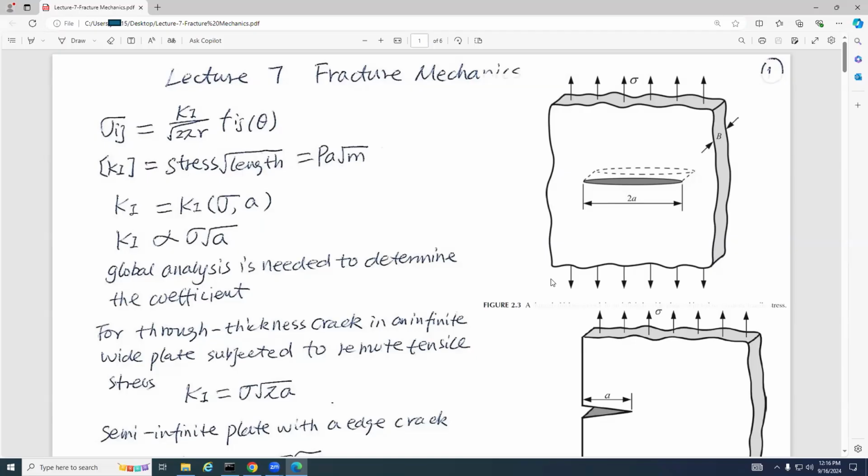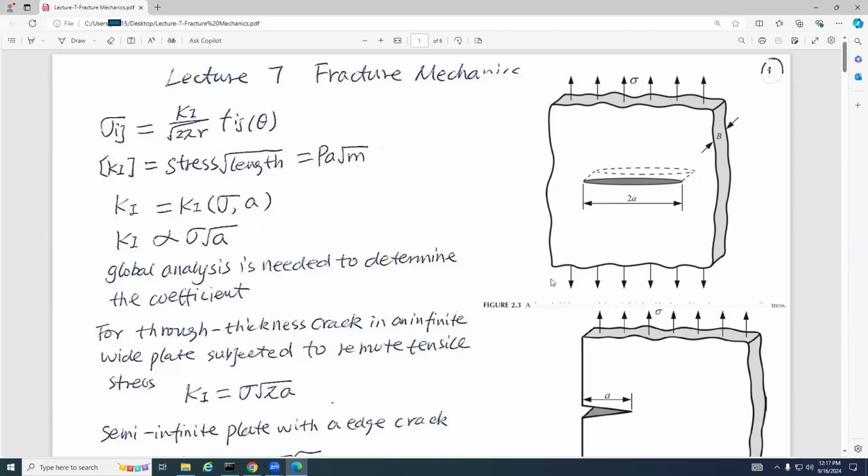K_I is definitely a function of sigma, how much stress you are applying, and also at that instant how big the crack is. So this is a function of these two. We know K_I is proportional to sigma square root a. This global analysis is needed to determine the coefficient.